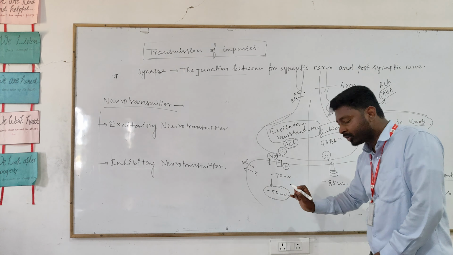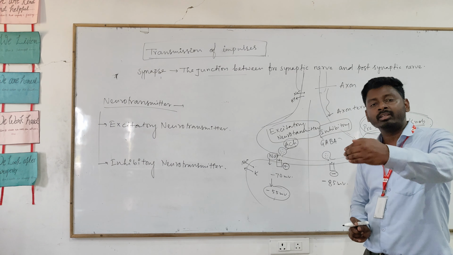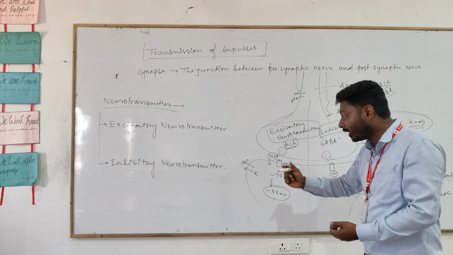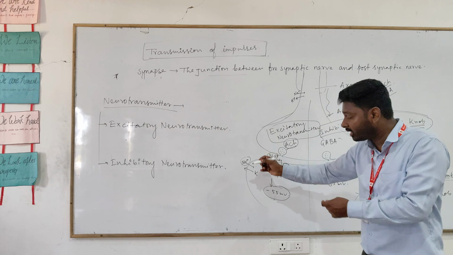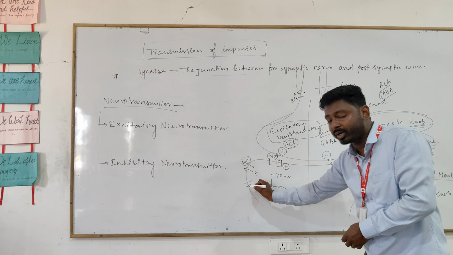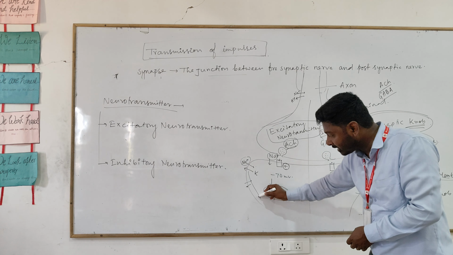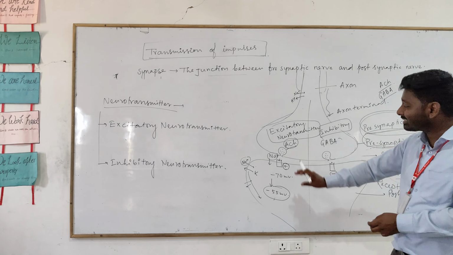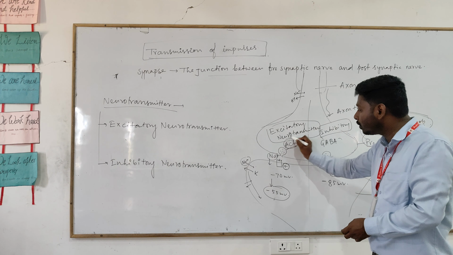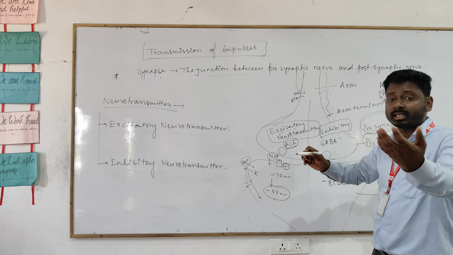When it reaches minus 55 millivolt, it reaches the threshold stimulus. So again the process of exchange of sodium and potassium continuously starts through the membrane. By this process the signal is transferred to the next neuron. So that is the mechanism of the excitatory kind of neurotransmitter.